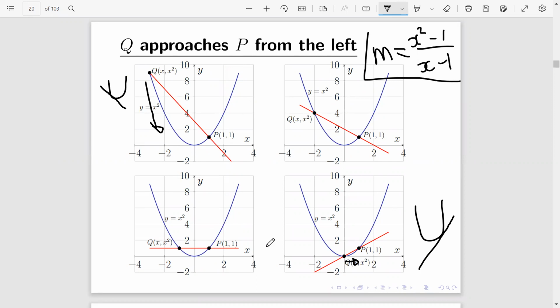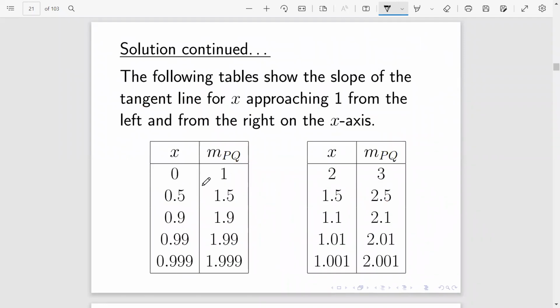And for these values that are less than 1, we're going to substitute the x values, getting closer and closer to 1, and see what value we get for m. So I drew a table here. When you take the values on the left, meaning they are less than 1, when you take x to be 0, 0.5, and as x gets closer to 1, we substitute into our gradient, remember our gradient is (x squared minus 1) all over (x minus 1).